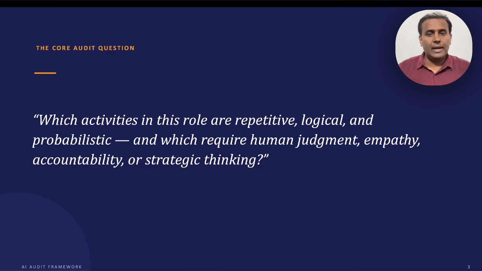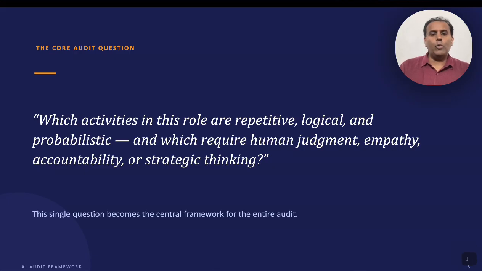Probabilistic is where many people get lost, but it is very important. And which activities, on the other hand, require human judgment, empathy, accountability, or strategic thinking? You have to know in your own work, every day, every week, every month, what kind of work involves this, because this one question is very important for the whole audit.